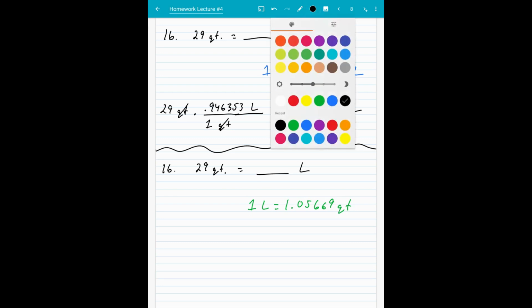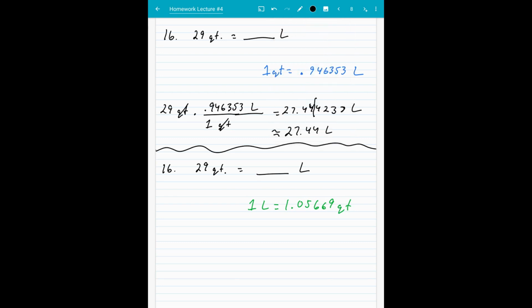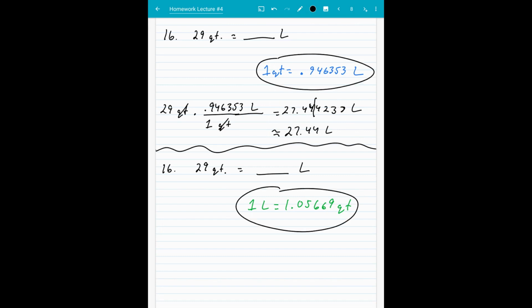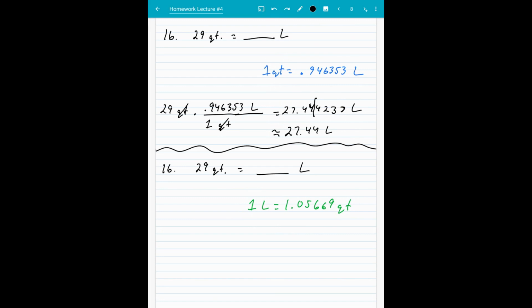Well, that's a different conversion ratio, but these are the same thing. They're equal. It's just the way we look at it. So we can use this conversion for this one. 29 quarts times, remember, quarts goes on the bottom, it would be the 1.05669 quarts and 1 liter up on top.